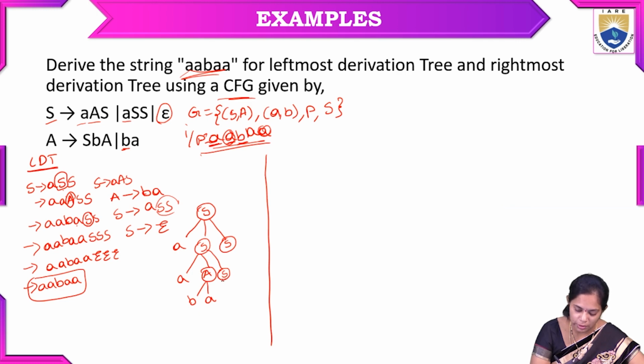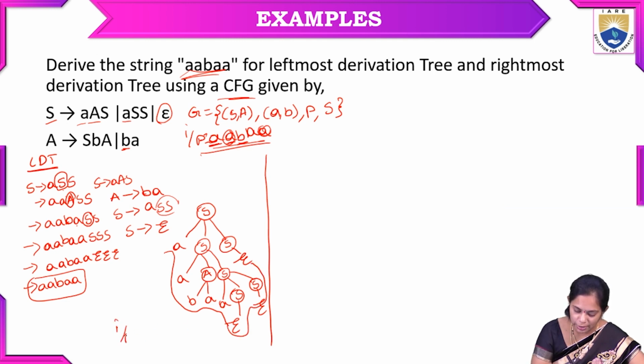After that, S tends to A, S, S. And we will write all the S symbols with epsilon. So by reading from here left to right, we will get the input string. So here, what is the input string?